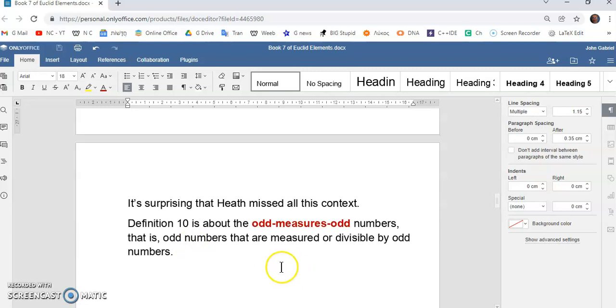But, okay, I've been criticizing Heath's translation, and that doesn't mean that I don't respect what Heath did. I think he did a great job, but also at the same time, his efforts fell so far short that those who studied or read his book never actually understood the Elements.